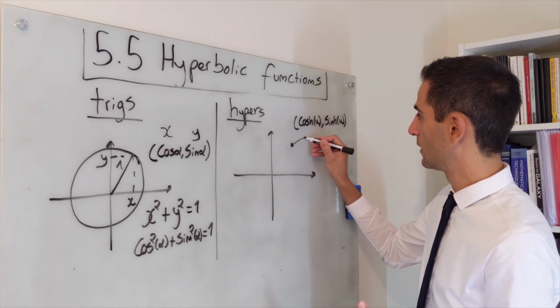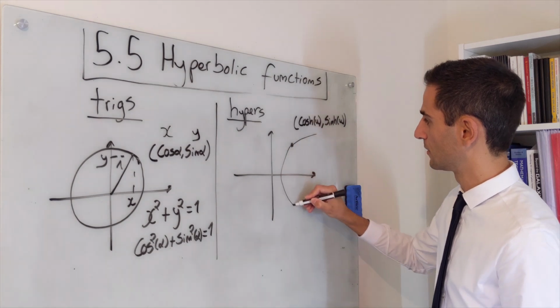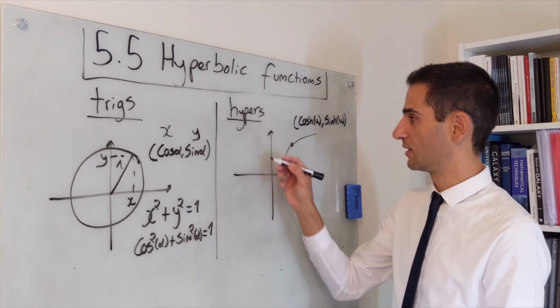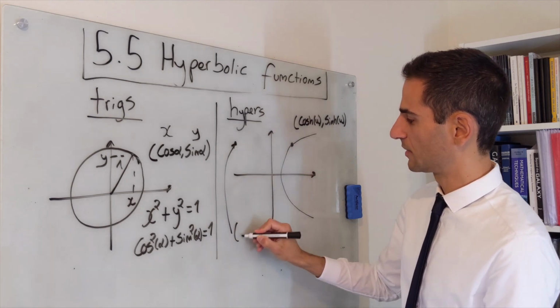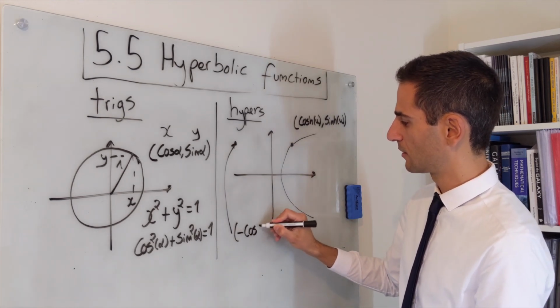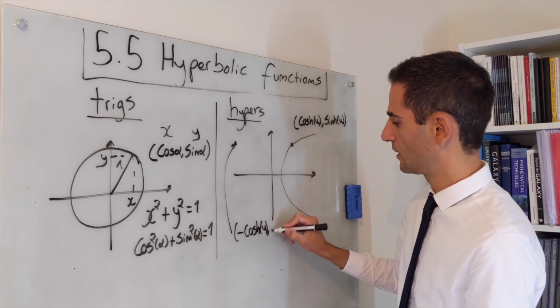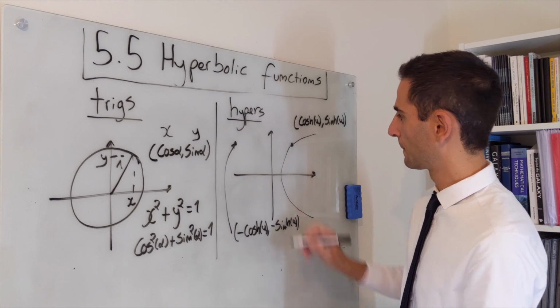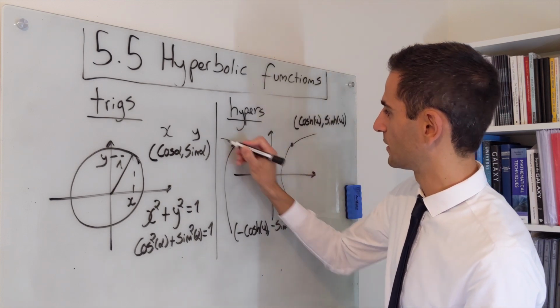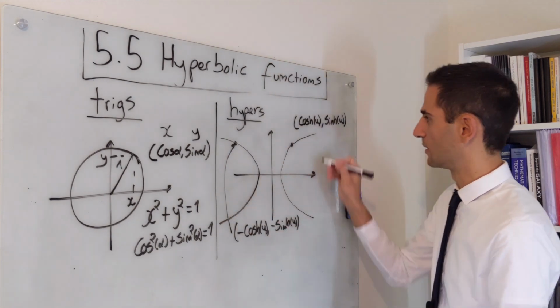It will look something like this. And if you switch the signs, if you write a point here that is something like minus cosh u, minus sinh of u, you'll get something similar along these lines.